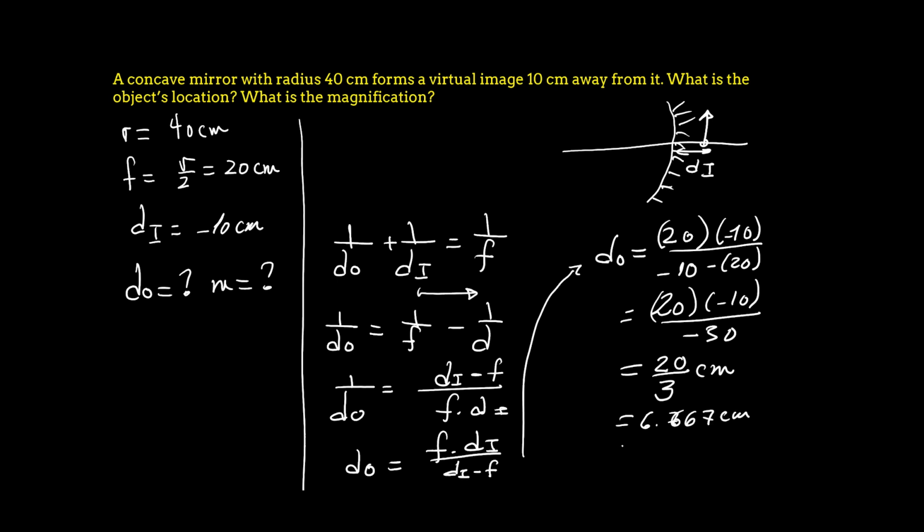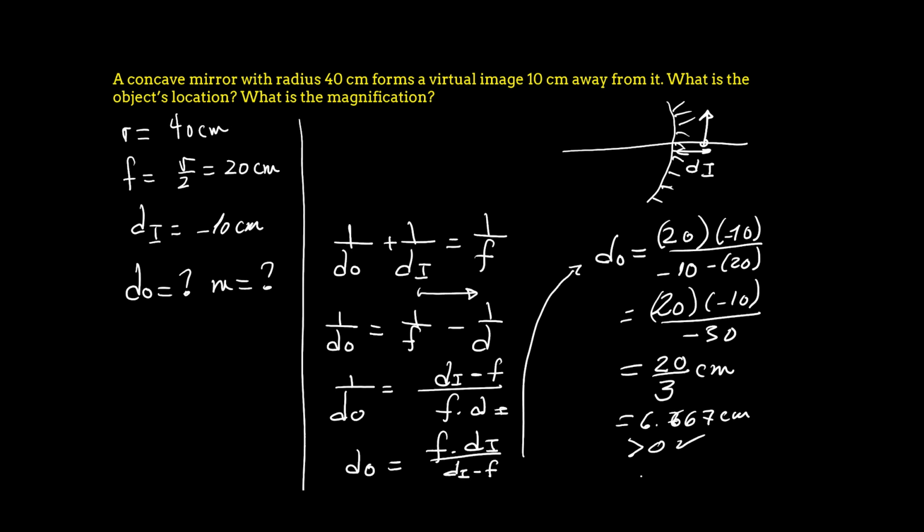So the object distance is positive. That's great, that's a check. It's closer to the mirror than the image. That's 6 point something centimeters away, the other one is 10. So that is good, and this looks like we're on the right track.